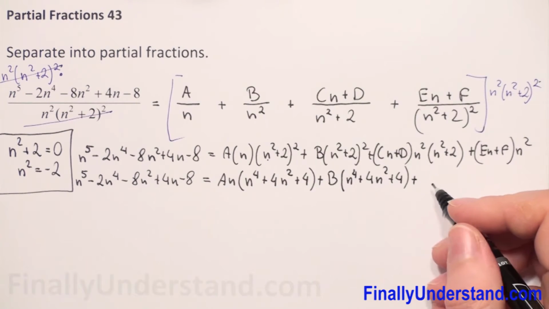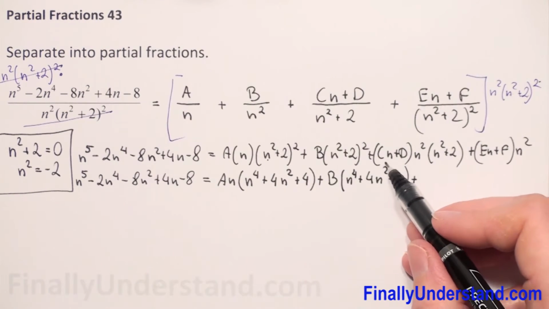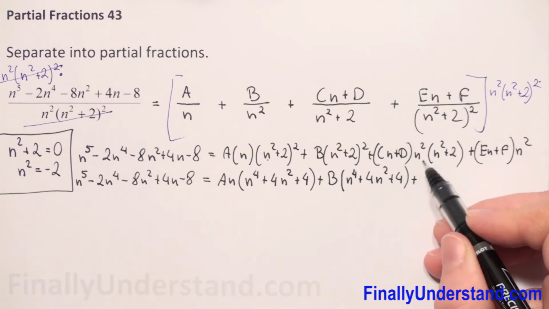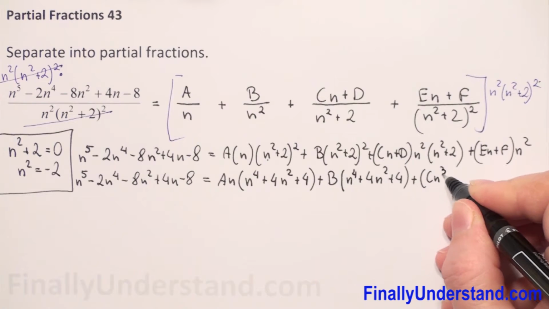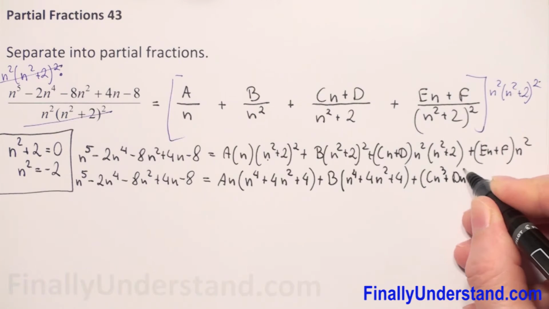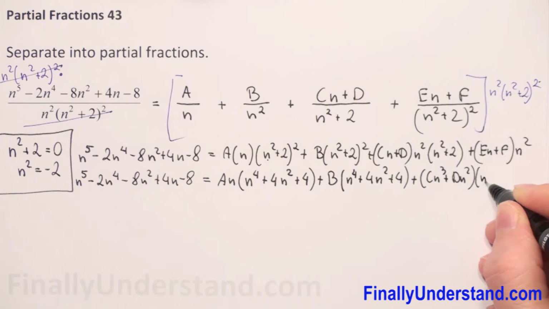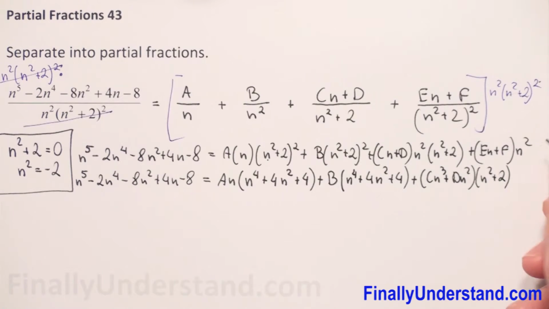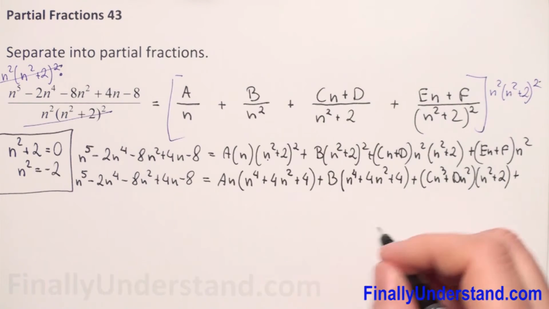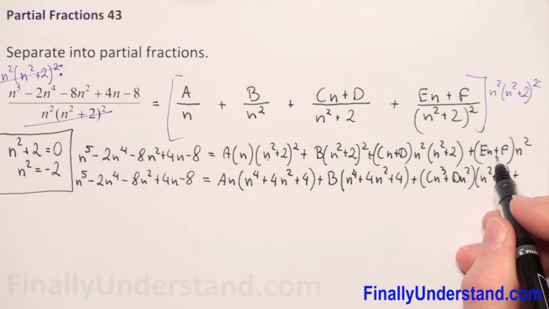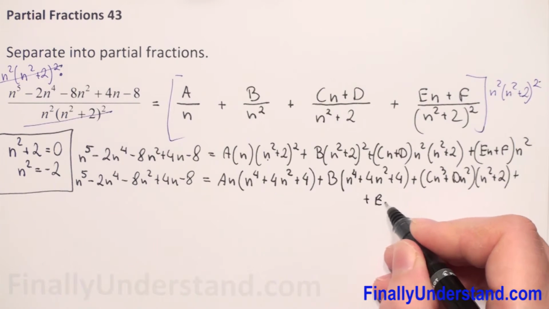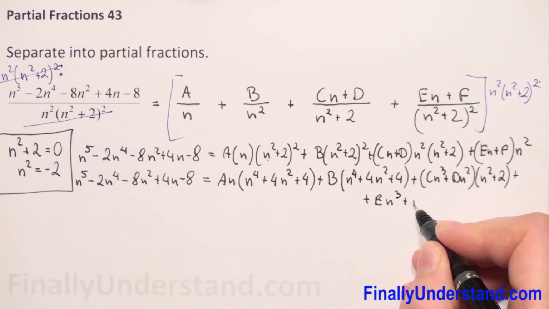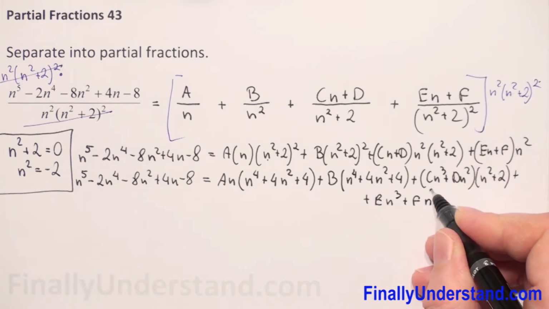Plus, now first I will multiply Cn plus D times n squared, so in parentheses we will have Cn cubed plus Dn squared, times n squared plus 2. Plus, let me write this here, En plus F times n squared, so it will be plus En cubed plus Fn squared.